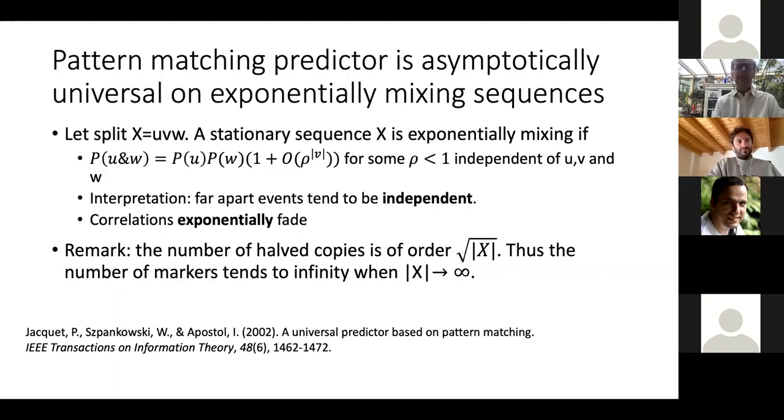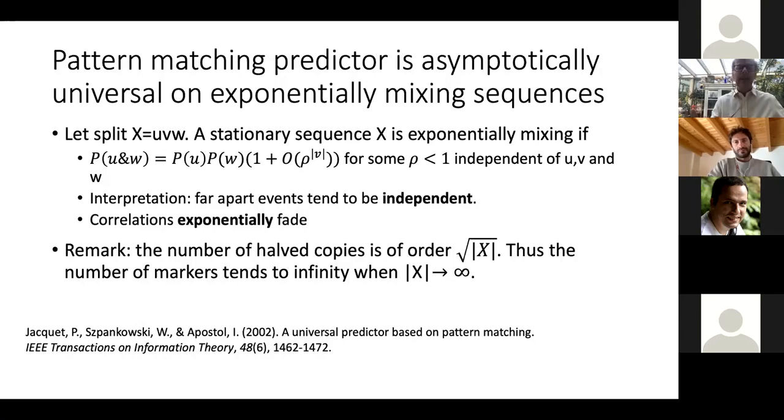Exponentially mixing means that basically you take two events for a probability: what is the probability that a factor at some position U and a factor at position W have some properties. In fact, the joint probability of these events has a correlation which fades when the events are far apart.